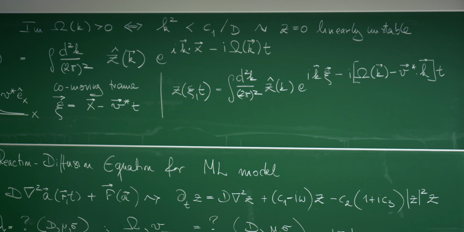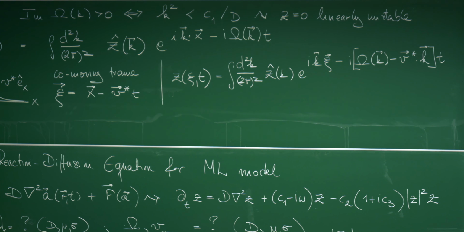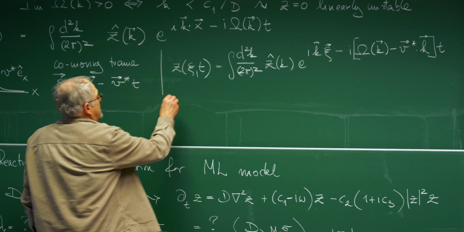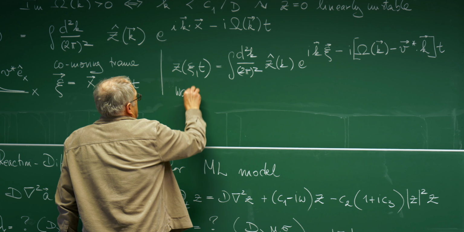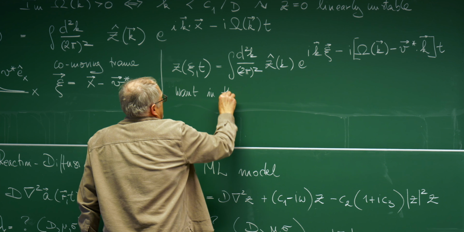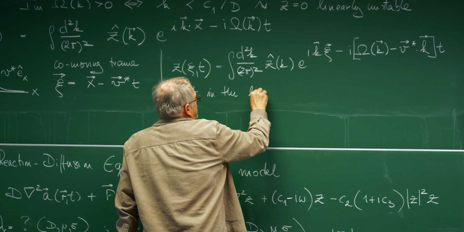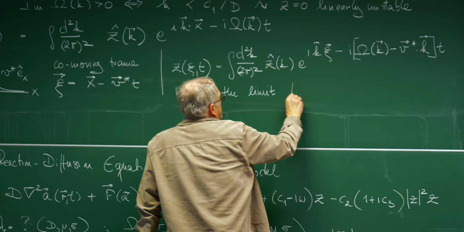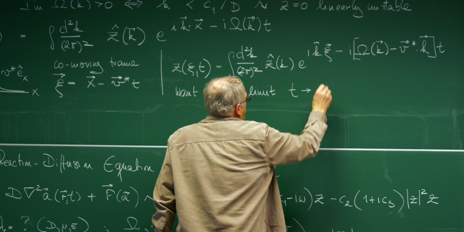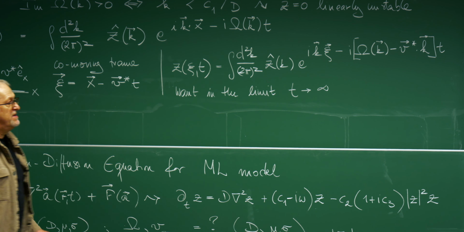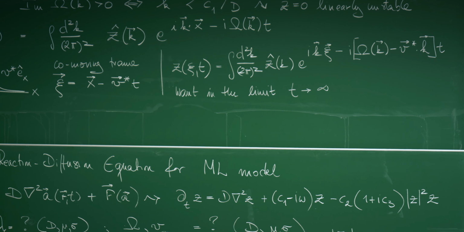Right, that's what we have. And we want this in the limit where initial transients have died out. So I'm writing here in the long time limit that t extends to infinity.